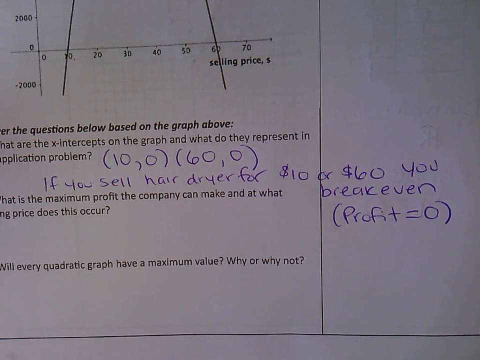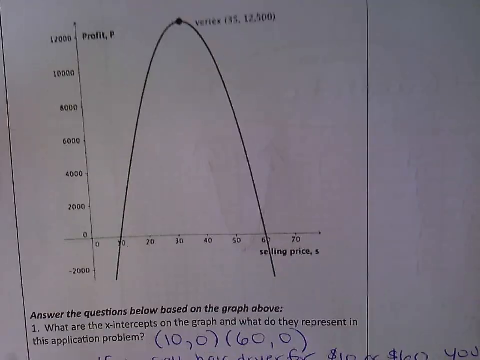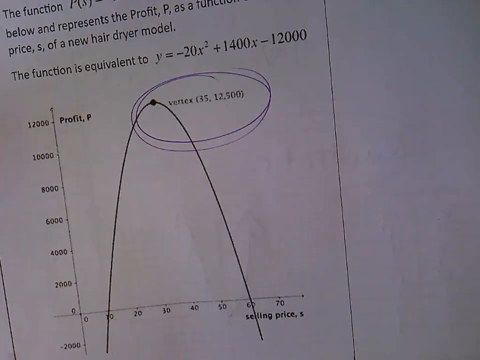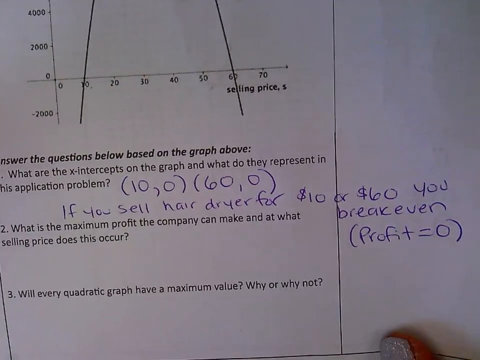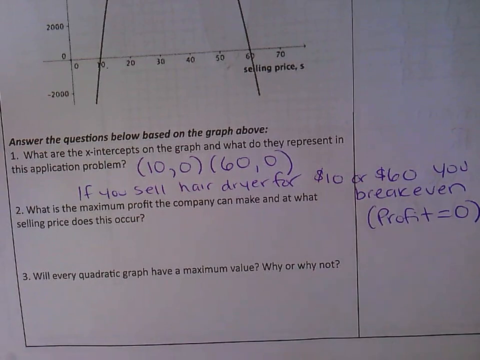What's the maximum profit the company can make? And what cost should they sell the hairdryer for? So you're going to look up here at the vertex, right? The vertex is telling you all the important information up here. So what's the answer to question number 2 from the graph? What is the 35 number?